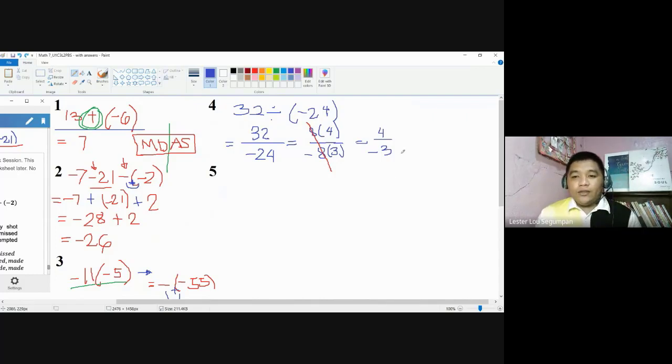Number 2, do not just give the result in a form of a mixed fraction. Yes, negative 4 thirds, or 4 over negative 3, is equal to negative 1 and 1 third. They are really equal to one another.